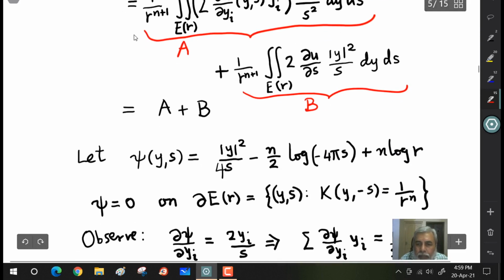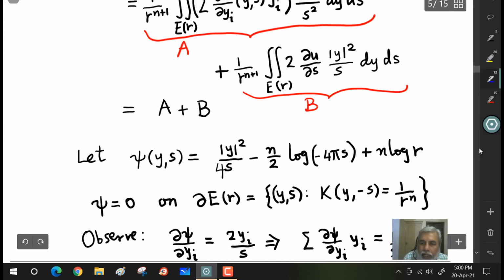So now we consider the integral B and try to analyze that term in detail. This factor is okay. This factor du by ds, that too we can replace by the Laplacian of u later.